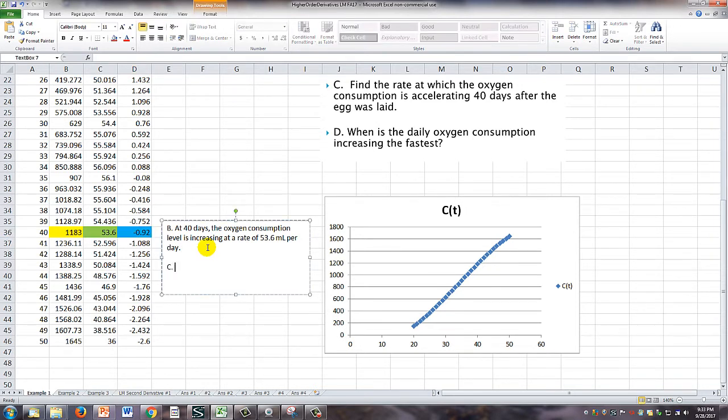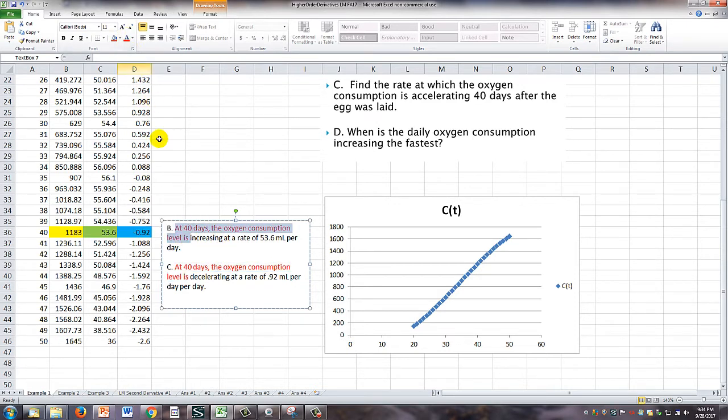So you would say at 40 days, the oxygen consumption level is decelerating at a rate of 0.92 milliliters per day per day. And so notice that the first part is really exactly the same sounding as the IRC.